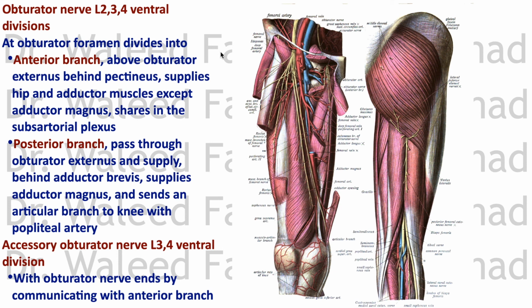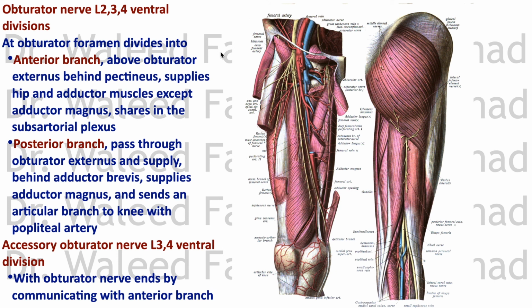The posterior branch of the obturator nerve passes through the obturator externus and supplies it, and it's behind the adductor brevis and supplies adductor magnus. It also sends an articular branch to the knee with the popliteal artery.